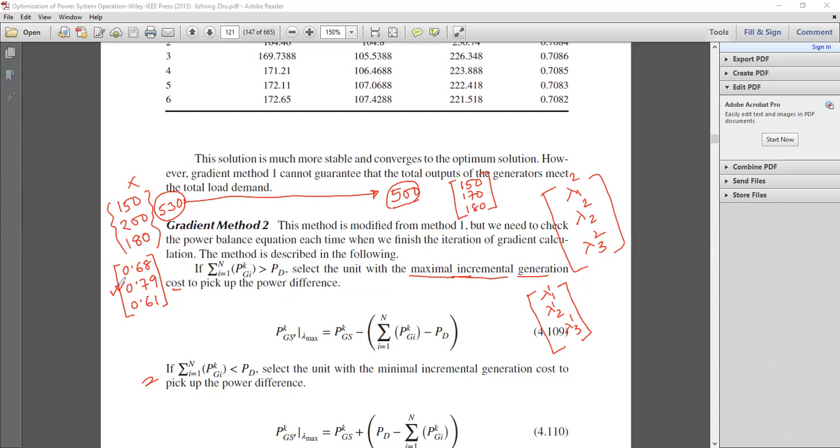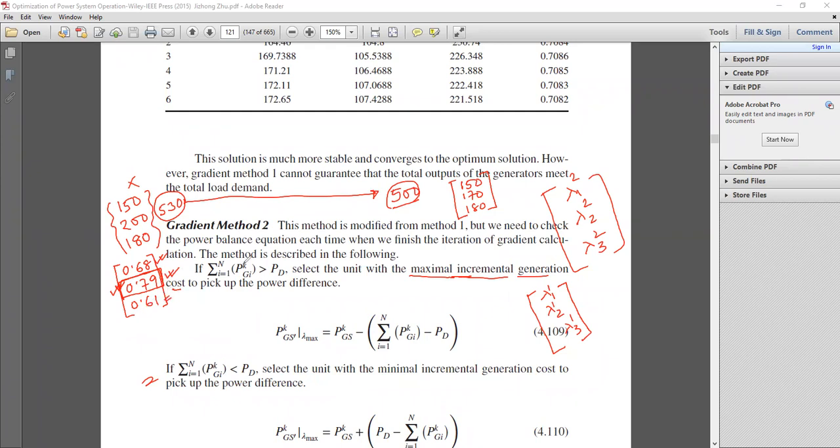So this is your maximum cost unit. To increase 1 unit of output power from this second unit, you have to pay $0.79 per hour, let's say. For the first unit, you only have to pay $0.68 per hour. For the third unit, you have to pay the least.